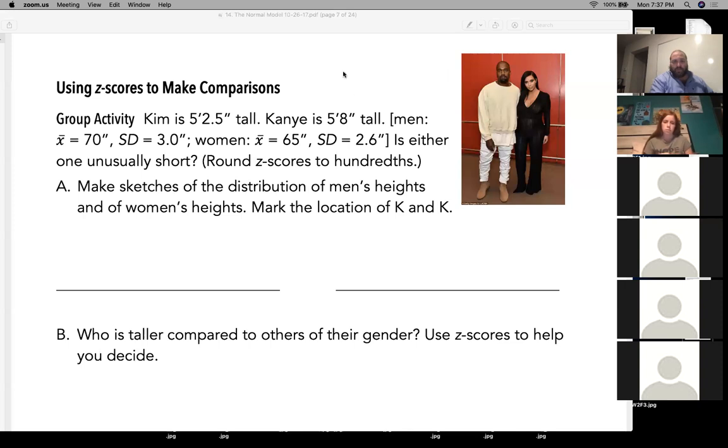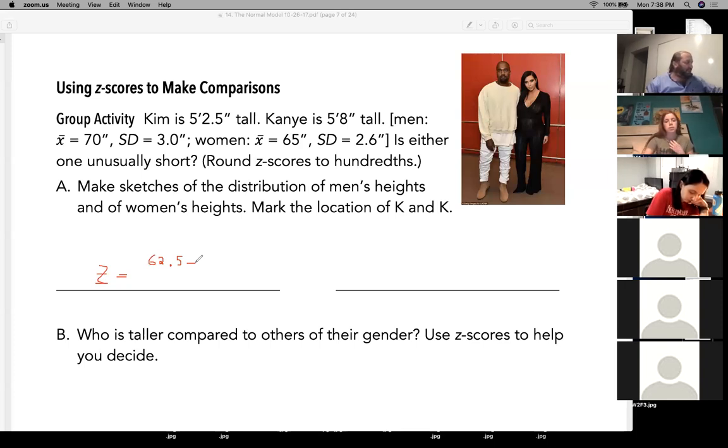Who should we do first, Kanye or Kim? Let's do Kim first. What is Kim's height in inches? 62.5 inches. And we subtract the mean of women, which is 65.